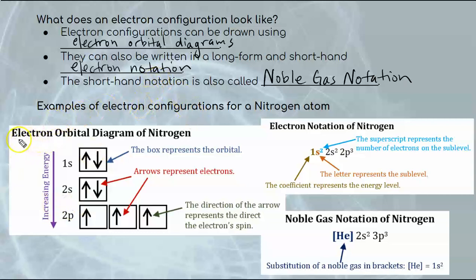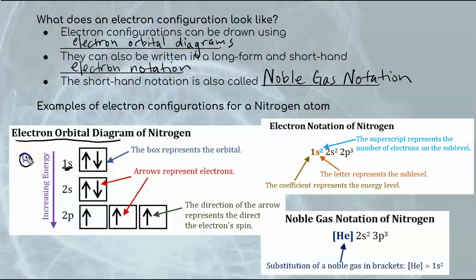This first one here is an image of the electron orbital diagram. Each of these boxes represents an atomic orbital. So we have one S right here. That S is referring to a spherical shape. The arrows represent the electrons. So this box is telling me that I have an S sublevel at the first energy level, and there are 2 arrows in there.